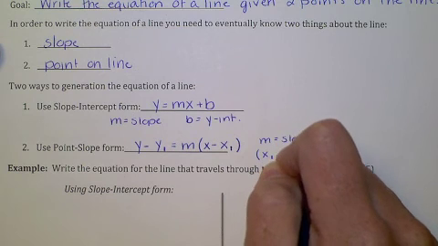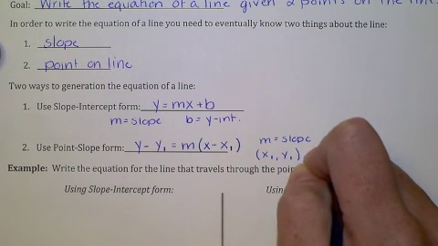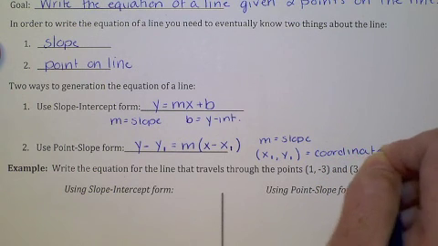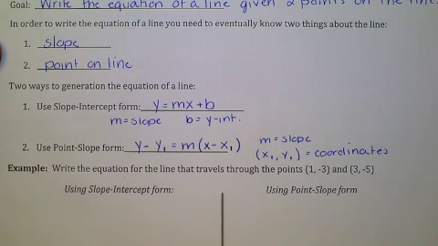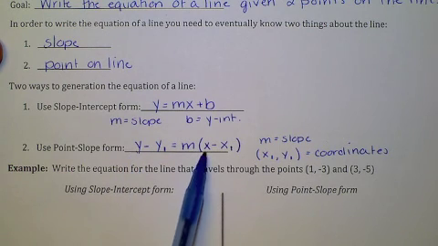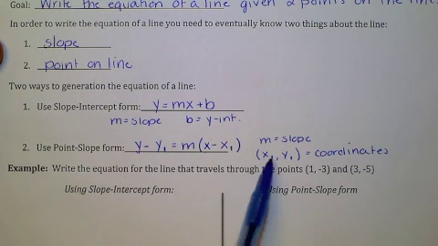However, the x1 and the y1, those are the coordinates of a point that is on the line that you're trying to find. So nothing will ever go in or be substituted into y or x, but you'll always have to substitute the coordinates in for y1 and x1.